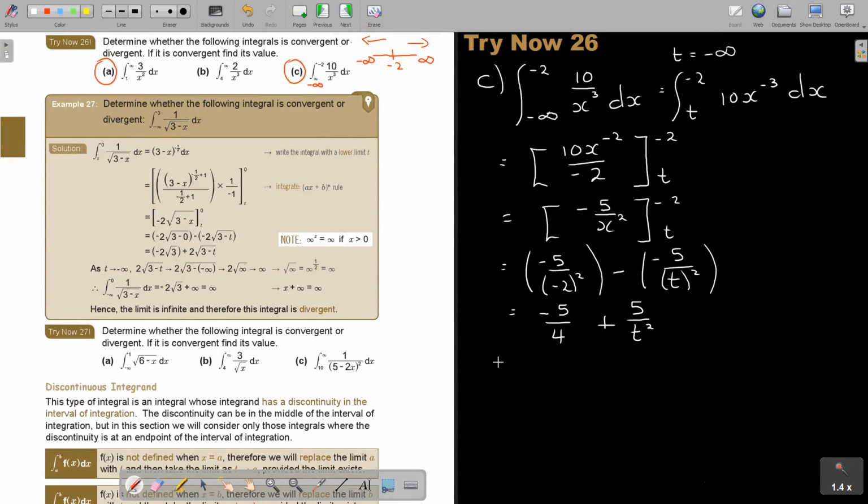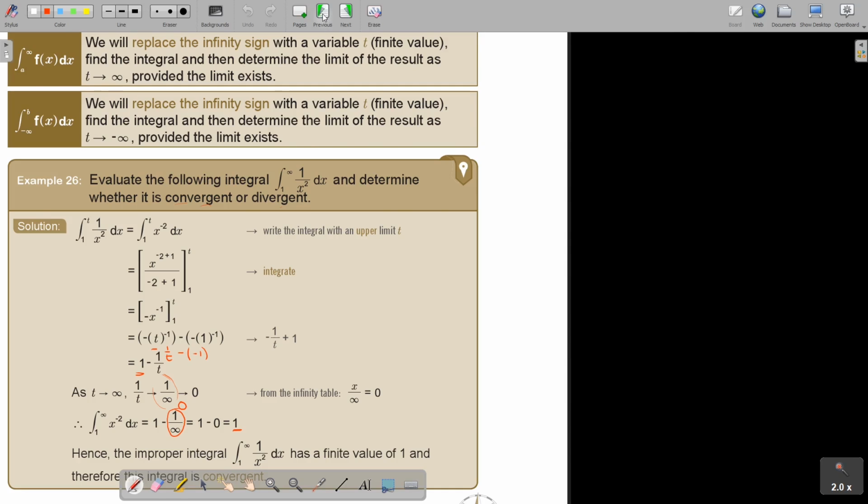Okay, so now we're going to say as t tends to negative infinity, is what we wrote there, we are going to say that 5 over t squared tends to 5 over negative infinity squared. Now remember, negative infinity, it's going to be negative infinity multiplied by negative infinity. And I want to take you back and show you what is that.